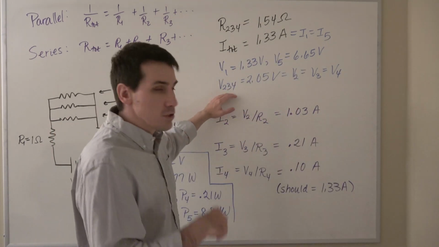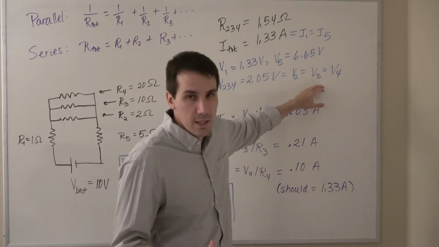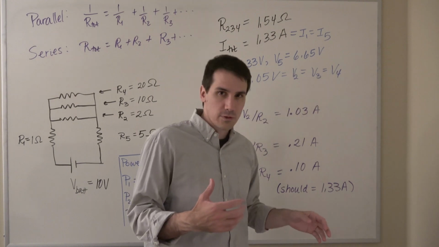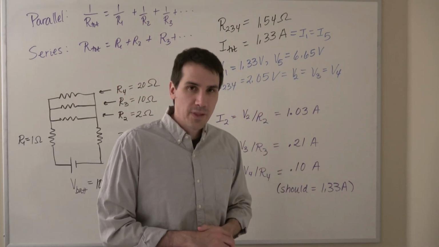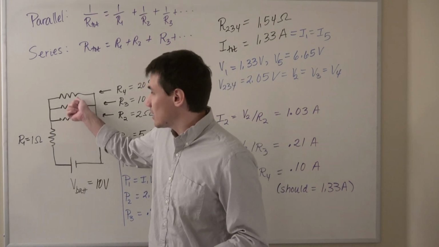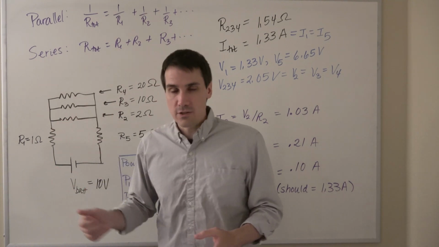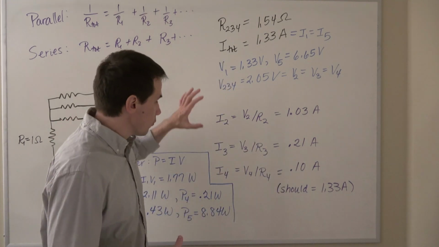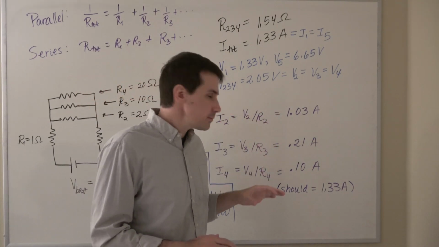That is, the voltage 2, 3, 4 is actually equal to voltage 2, which is the same as voltage 3, which is the same as voltage 4. So that is 2.05 volts. Now what we can do is use the fact that we know the resistance of each of these and the voltage across each of these to find the current through 2, 3, and 4 using Ohm's law once again.